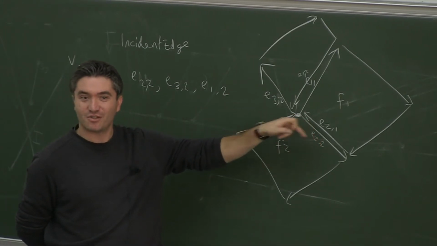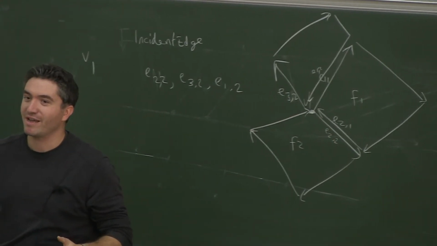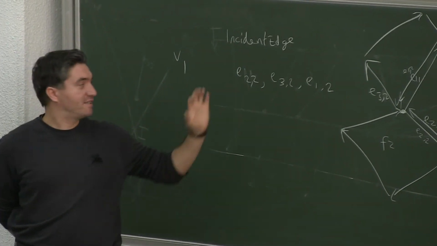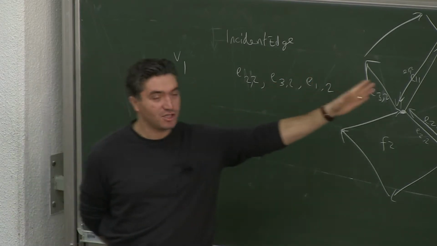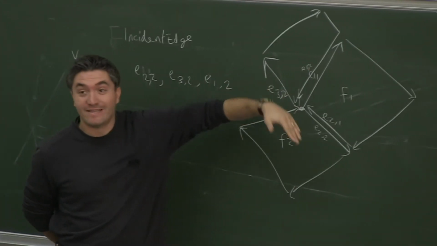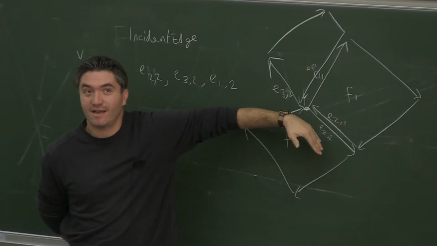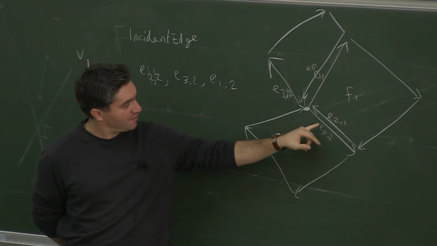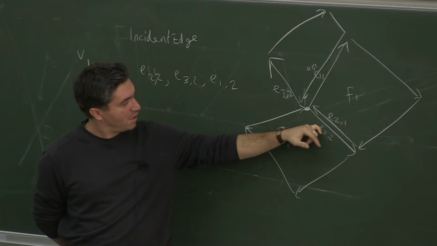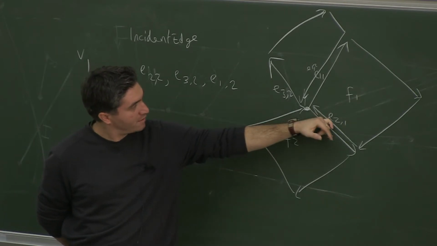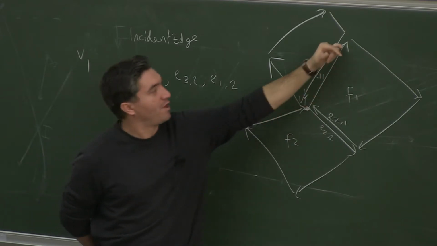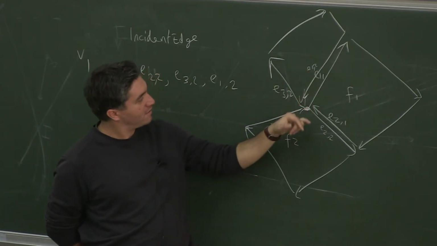So by using this, each time taking the twin of this edge and taking the next of it, you find E22. Now, what is the twin of E22? It's E21. E21's next is E11, so we found E11 again.